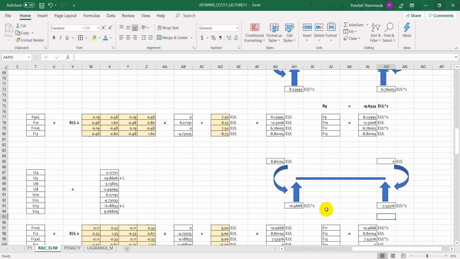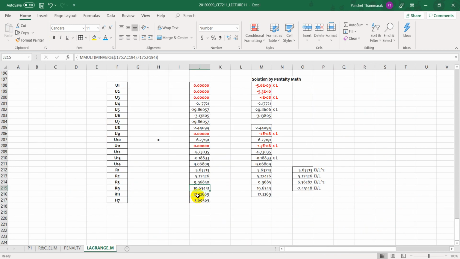So the reaction R11 is equal to F11 here plus the F11 there, enter, 17. Okay, I'll move it here. 17, right? There you go.